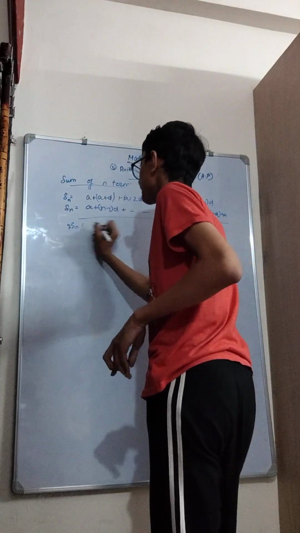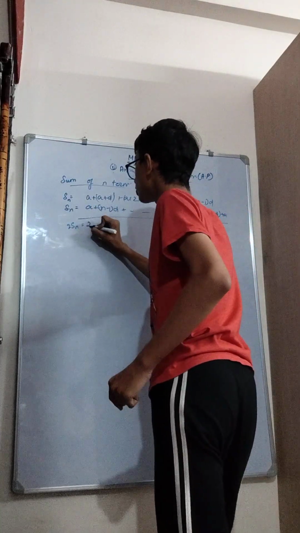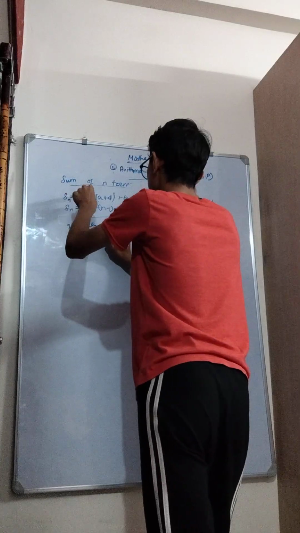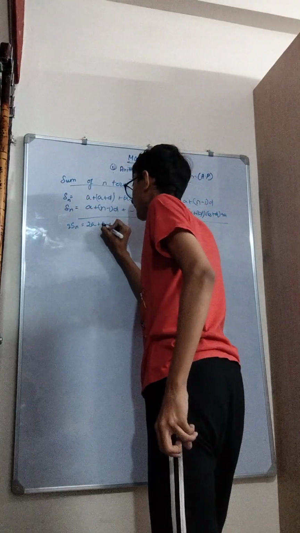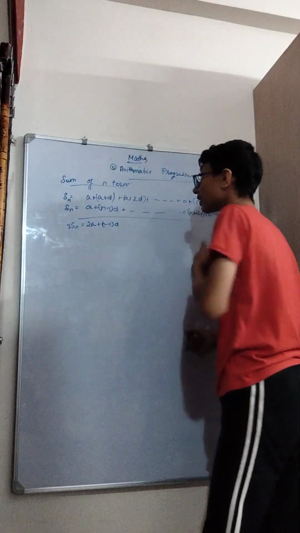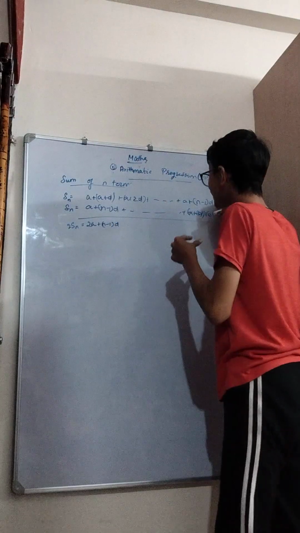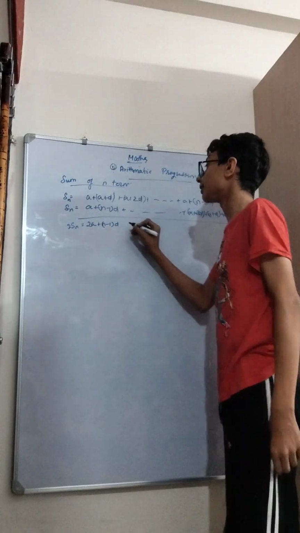So 2S_n is equal to, taking opposite terms, a1 plus an, which is 2A plus (n minus 1) into D. So how many times? n times. If n terms are added to n terms, you get n terms only.